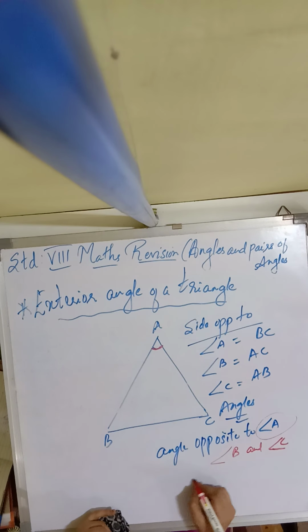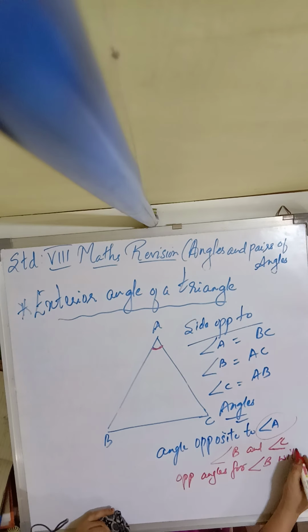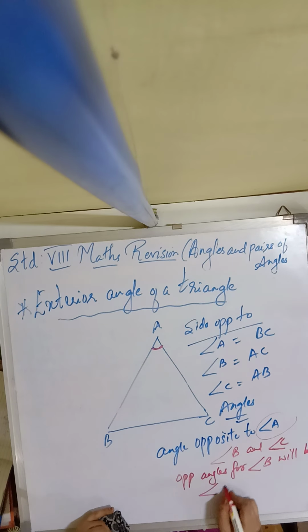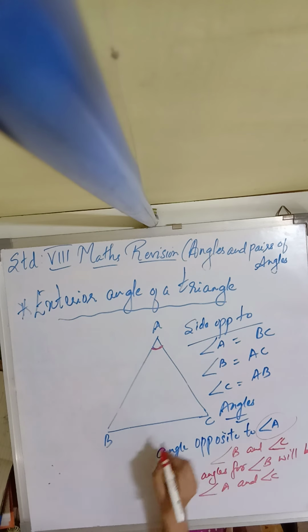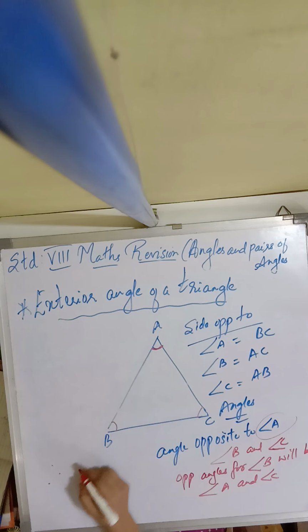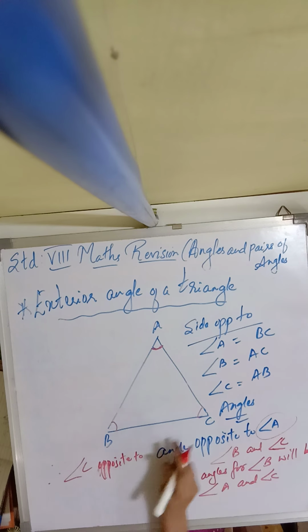Similarly, the angles opposite to B, which angles? Opposite angles for angle B will be angle A and angle C. In the same way, the angles opposite to C will be, which angles, children?